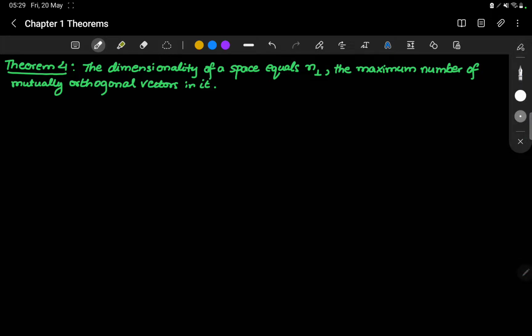In order to prove this, we need to see that a mutually orthogonal set of vectors is definitely going to be linearly independent. So this term mutually orthogonal definitely implies that they will be linearly independent.